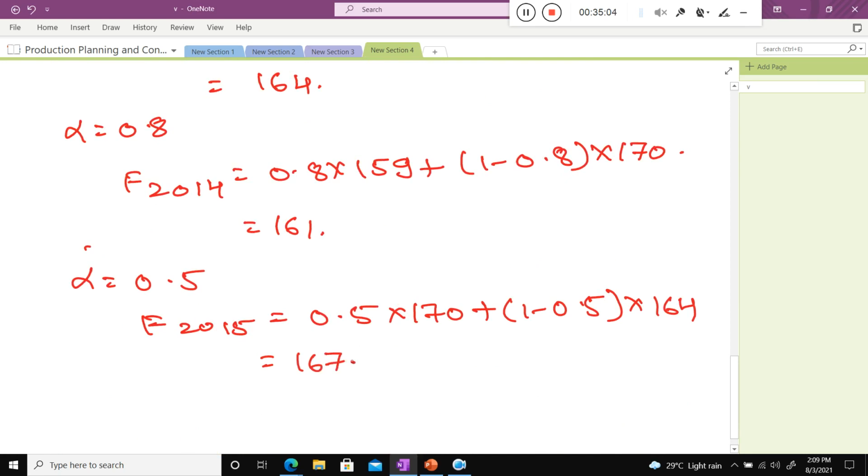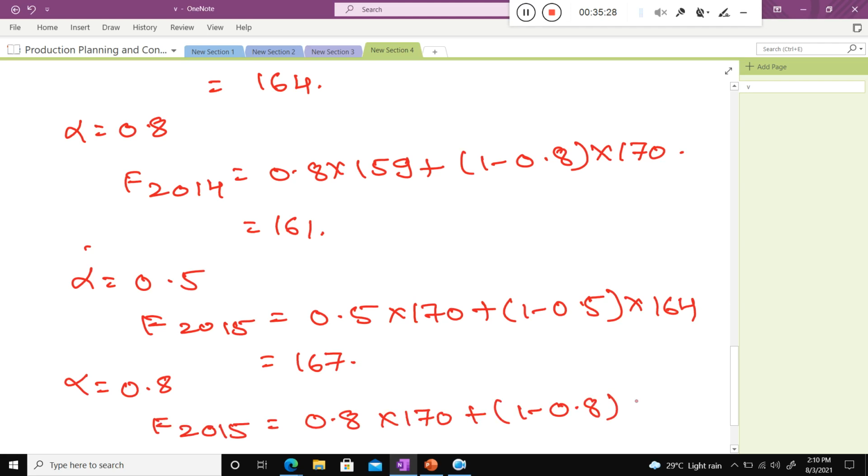Okay. The same thing I need to apply when alpha is equal to 0.8. F 2015, okay, 0.8 into 170, demand is same, plus 1 minus 0.8 into I think 161, no?